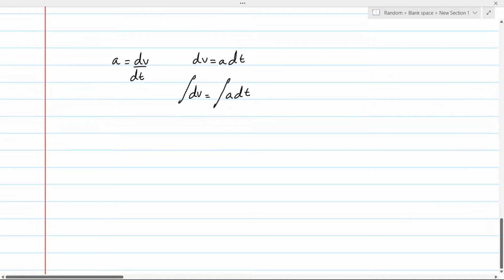The instantaneous acceleration can be written as a time derivative of velocity, which can then be rewritten like this. If we then integrate both sides, like this, and then we remember that a is constant, so we can pull it out of the integral.